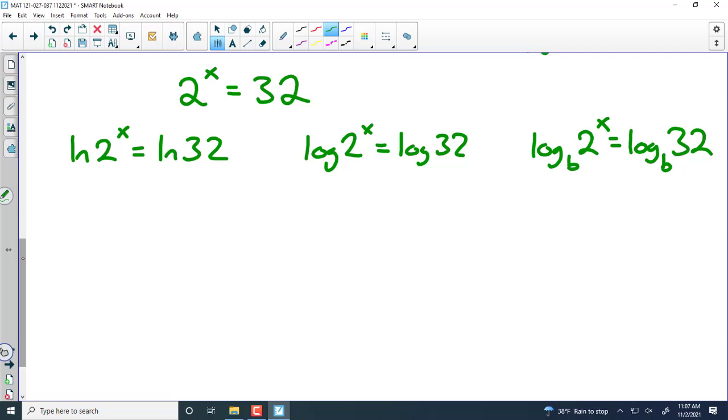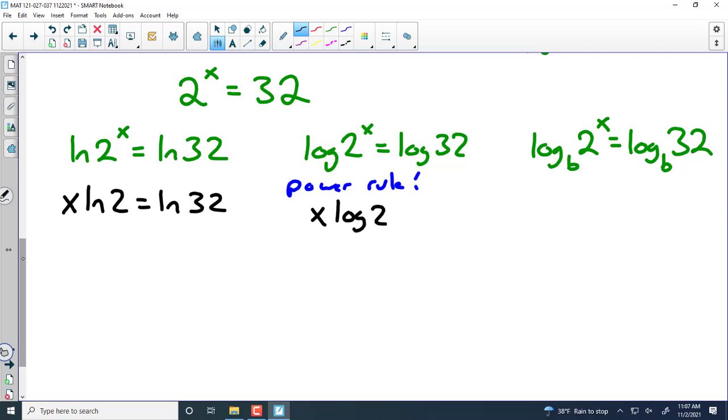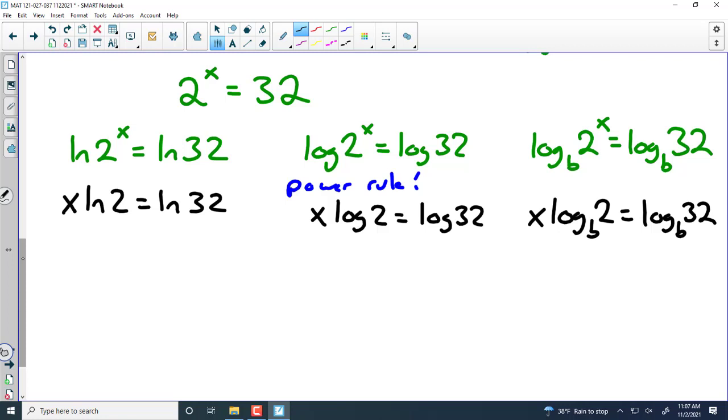The x can come down using the power rule. So this would be x ln of 2 equals ln of 32, x log 2 equals log of 32, or x log base b of 2 equals log base b of 32.